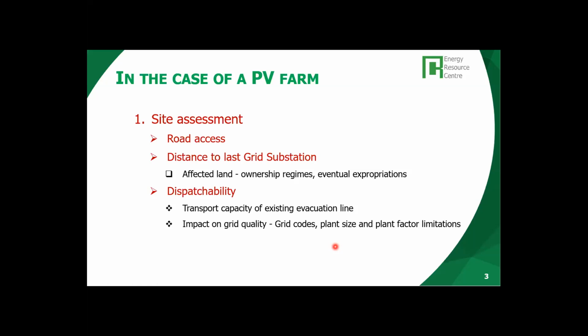We have to observe the grid codes, the regulations, and that could mean that we will have some limitations in terms of what kind of solar plant we can build, or the capacity or plant factor limitations that the grid code might impose on our PV plant.